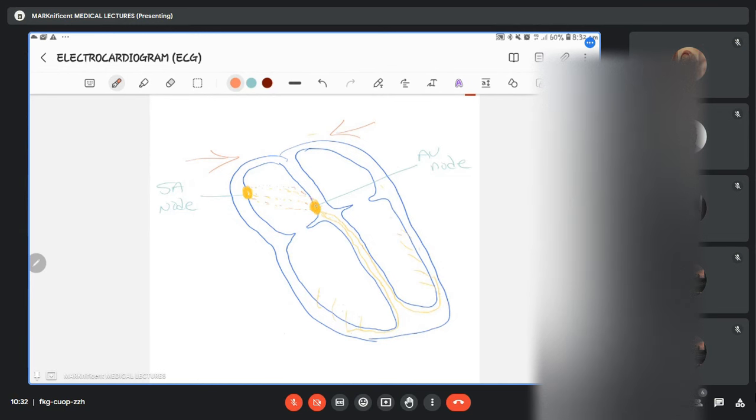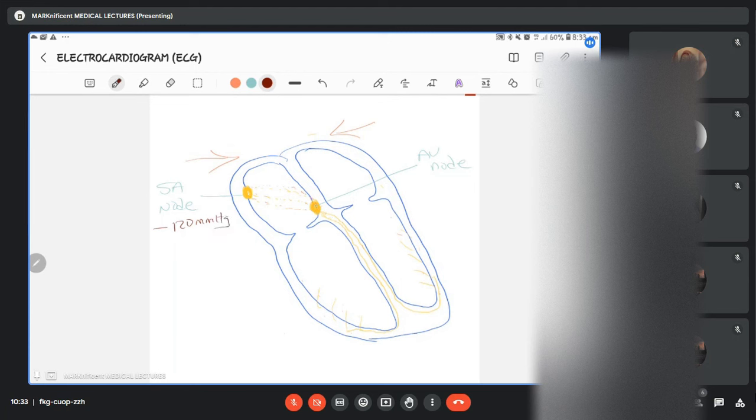Now, why is this AV node important? You can ask, if this SA node generates, why doesn't it just transfer down directly? Remember I told you, the pressure is up to 120 millimeters of mercury, and that is for the atrium. The whole heart doesn't need that much pressure.